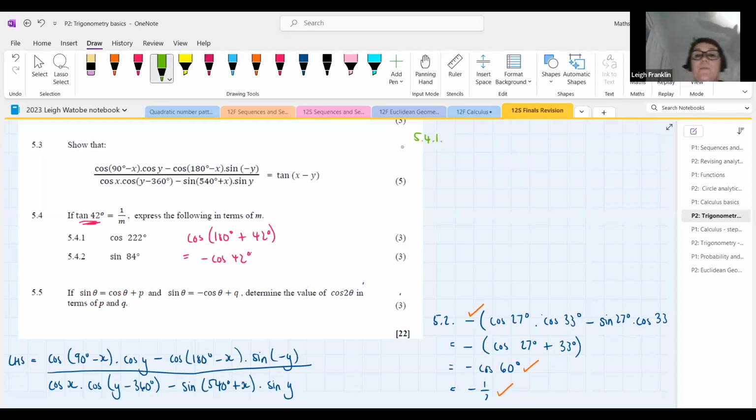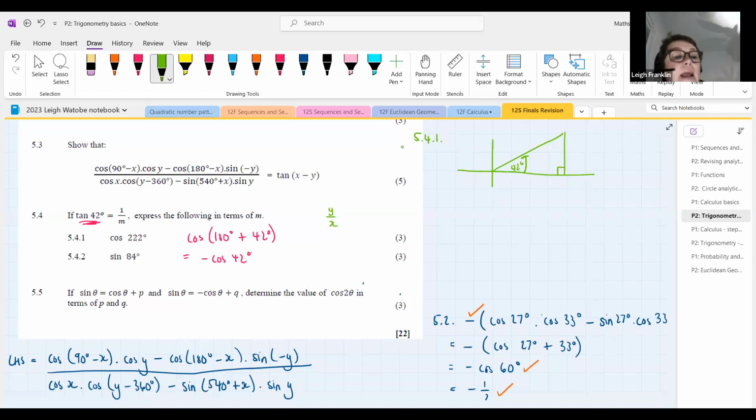5.4.1, if we draw a right-angled triangle, okay, and they give us the tan of an angle, we have to label that angle as 42 degrees. Remember, the tan of any angle is y over x.